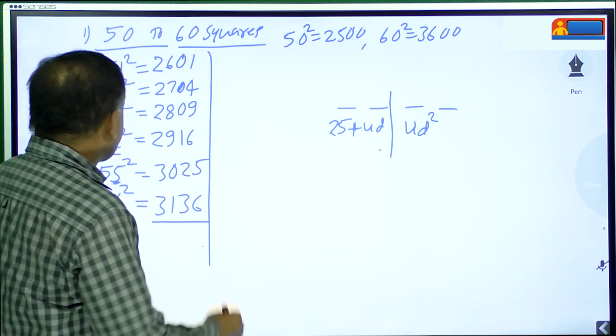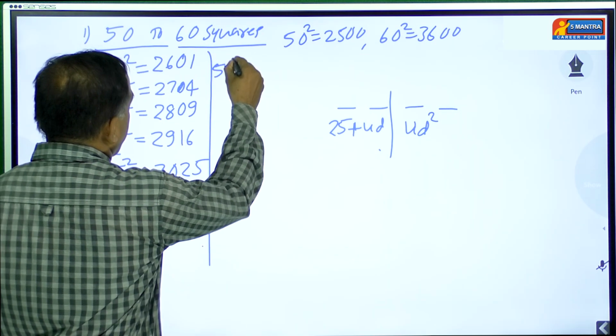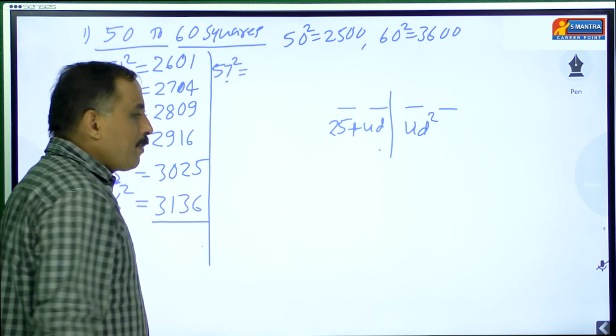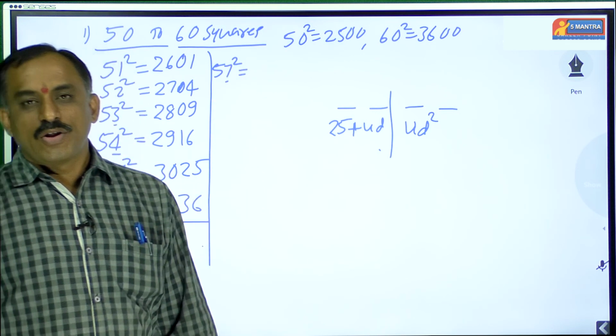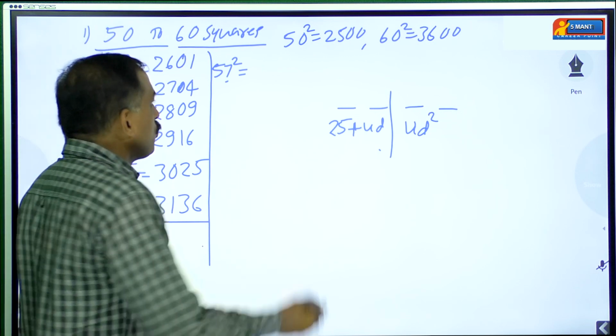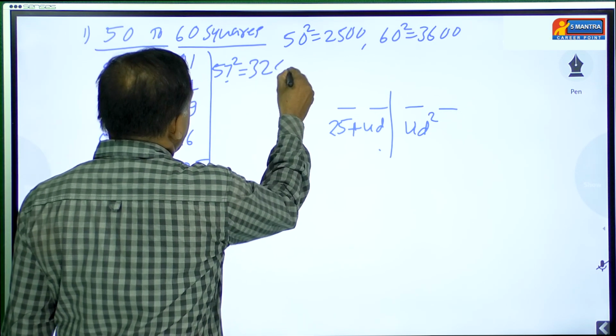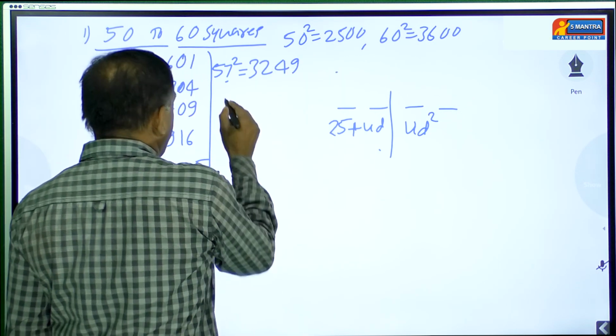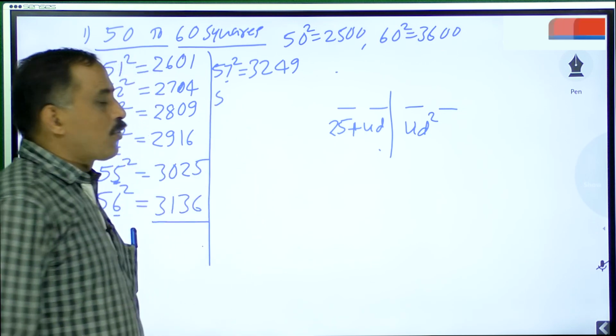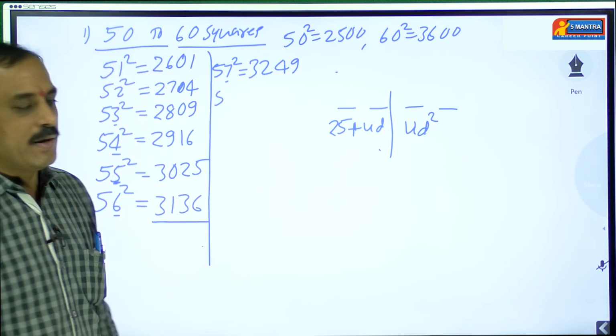What is 57 square? 25 plus 7 is 32. 7 square is 49. So 57 square is equal to 3249.